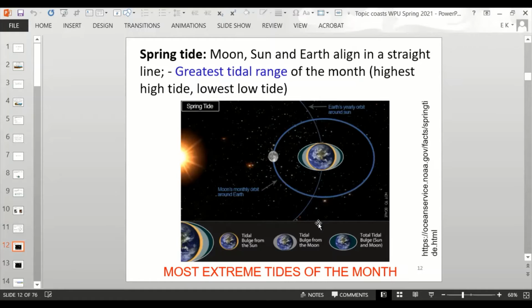The gray is related to the moon. And then that teal greenish color shows you the total tidal bulge from the sun and the moon. So you can see during the spring tide, everything is being pulled laterally. So it all builds up and gives you your strongest pull. So this is your greatest tidal range.